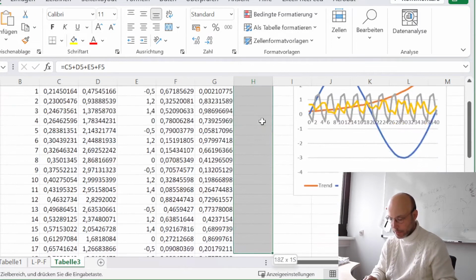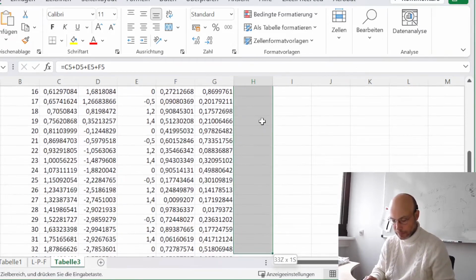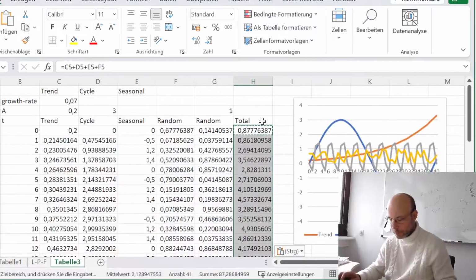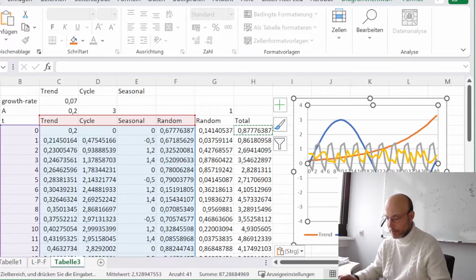Move this down to 40, and then we put in the total.